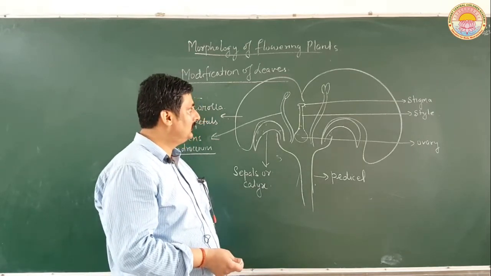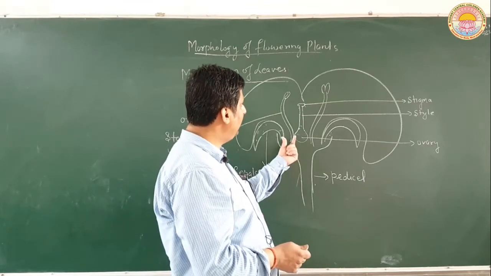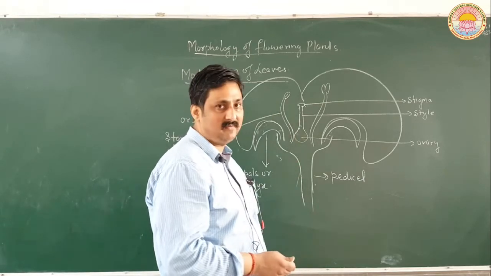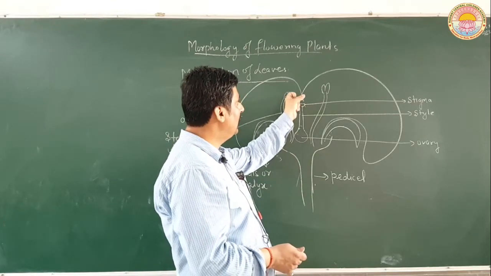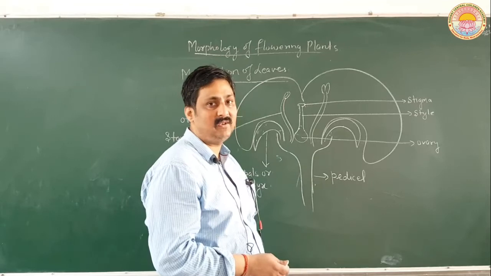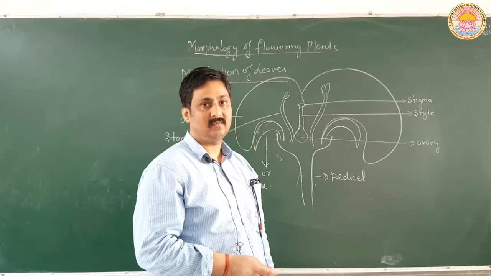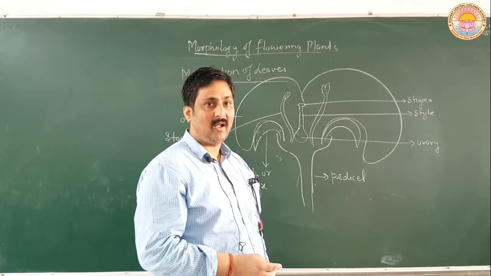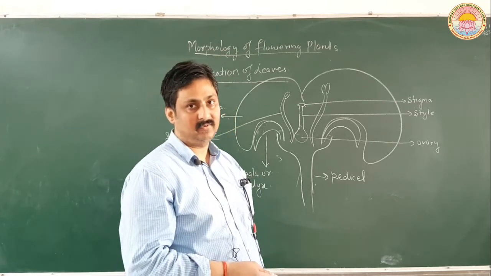Okay, now you see the male organ, the stamens, containing the filament and the anther. At the tip of the filament you see a bilobed structure called the anther, and inside the anther pollen grains develop.